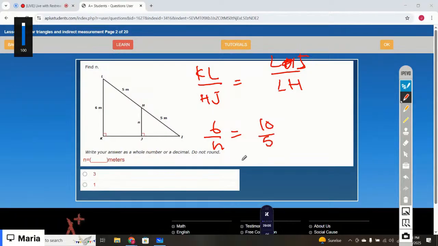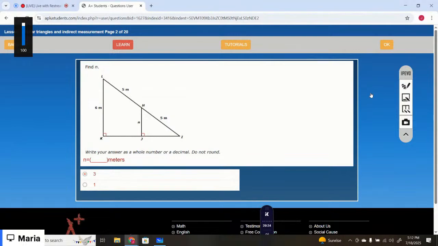So n equals 3. Option number 1 is the correct option.